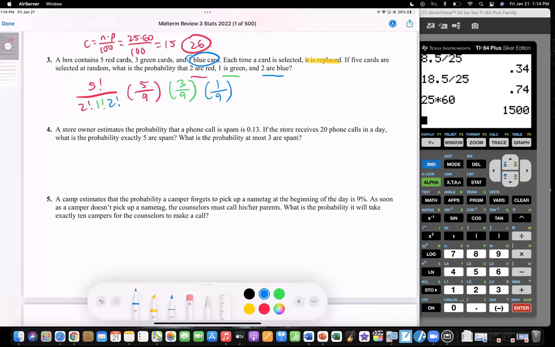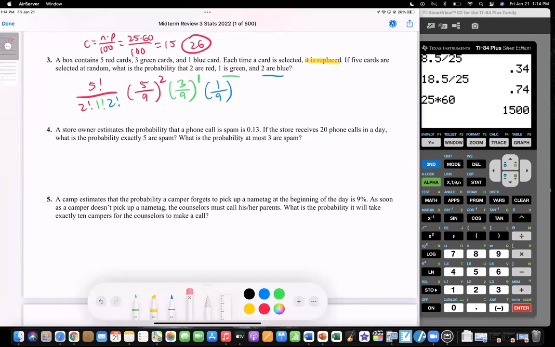Okay, and obviously, if we talk about replacement here, replacement's important. Because if I didn't replace it, it would be impossible to get 2 blue when there's only 1 in the deck, right? Or 1 in the box. So that would just be impossible if we weren't replacing it. But since we are replacing it, we can use our exponents here, right? Because we want 2 red, so we want 2 of these. We want 1 green, so just 1 of these.